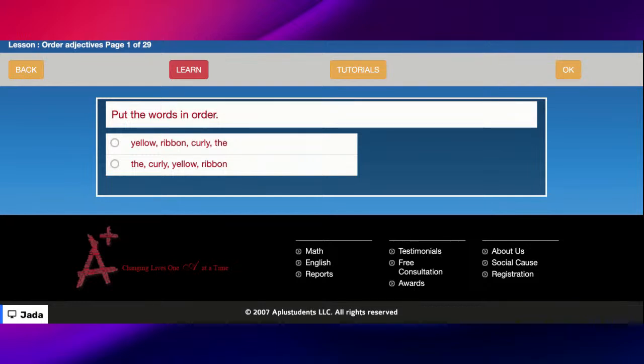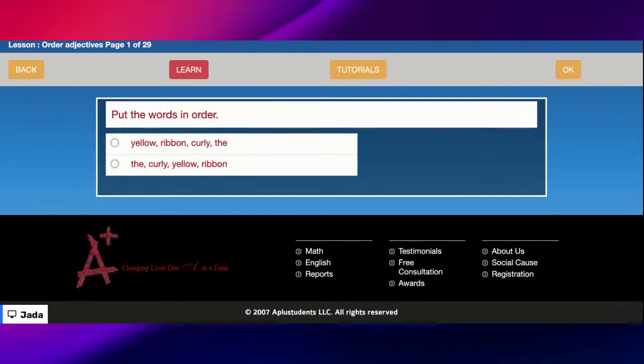Yellow, ribbon, curly, the: the curly yellow ribbon. So is it the first or the second one? Ruth, we're still here, okay? So, what's the right answer for this one?